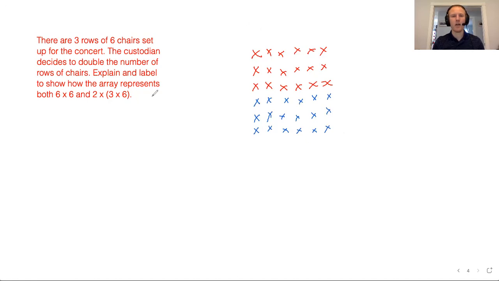Okay. Now, what you're being asked to do in the problem, explain and label to show how the array represents both of those things. So labeling it is as simple as saying the whole thing shows me 6 times 6. I have 6 rows with 6 chairs in each. The other way to do it is to show 2 groups of 3 times 6.